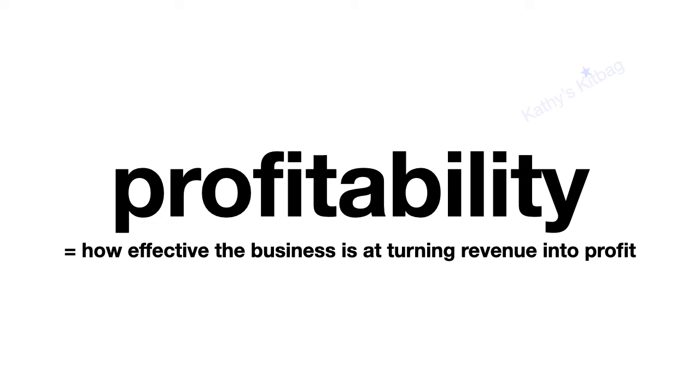So this is an example of where, to improve profitability, the effectiveness at which it's turning its revenue into profit, you might actually want to say, well, we'd be better off increasing our selling price, but that for an elastic product would mean that they would sell fewer units, and so their overall profit would be less. So although you're playing with the same variables, the impact on profit or profitability can be a little bit different.